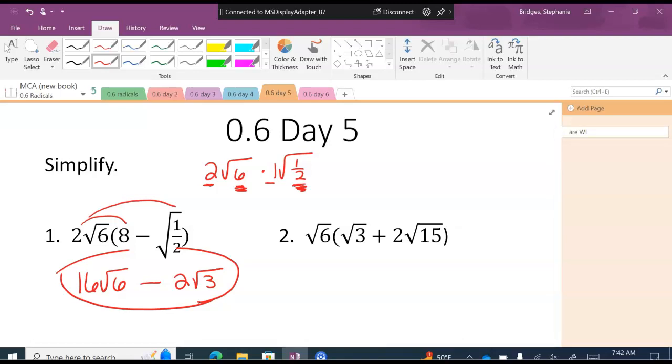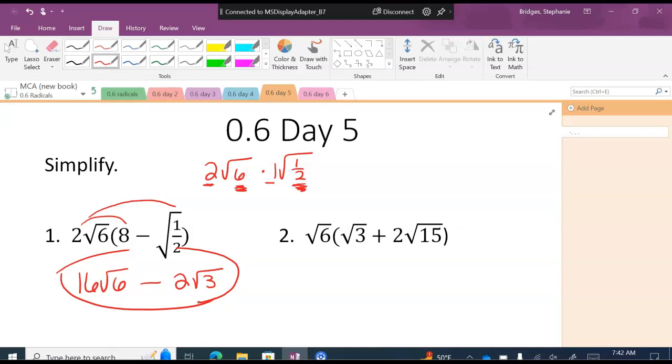All right, what I want you to do is go ahead and distribute that square root of 6 on number 2, and then we'll talk about what has to happen after that. So we should be distributing that square root of 6 to both of our terms inside the parentheses.